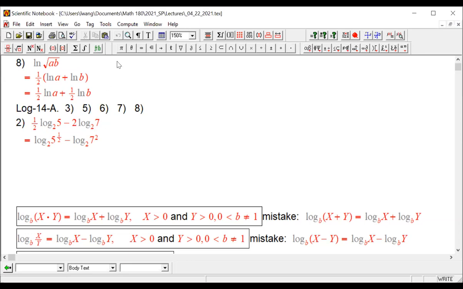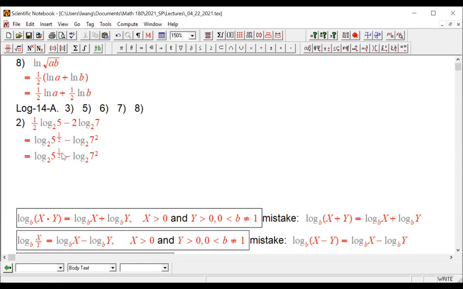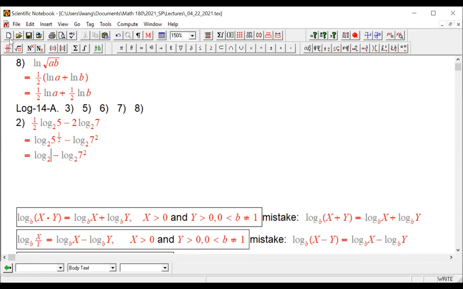You can write any way you want. You can write square root of 5, you can write 49. No problem, they're all fine.